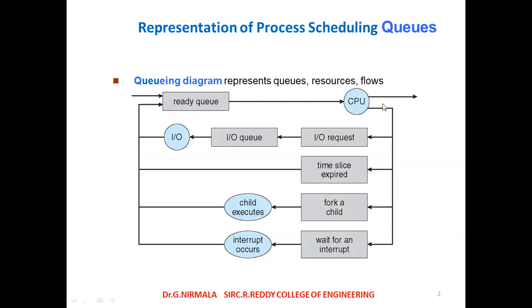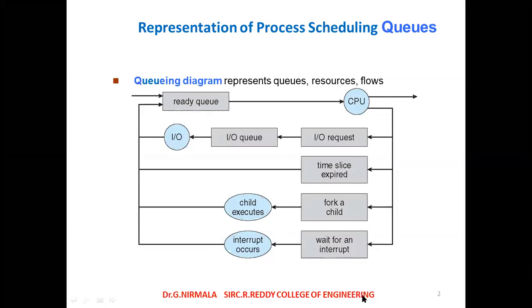Then the CPU creates a child process with a fork. Fork is a system call to create a child process. Then the child executes. While the child executes, the child will also be added to the ready queue. Then wait for an interrupt.